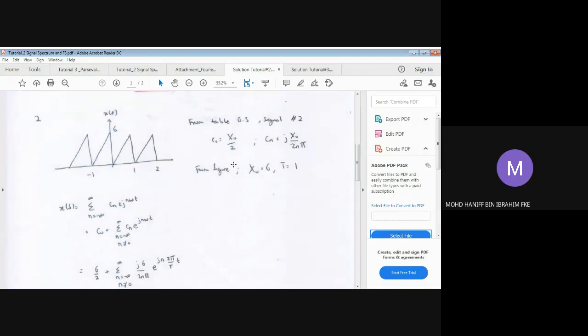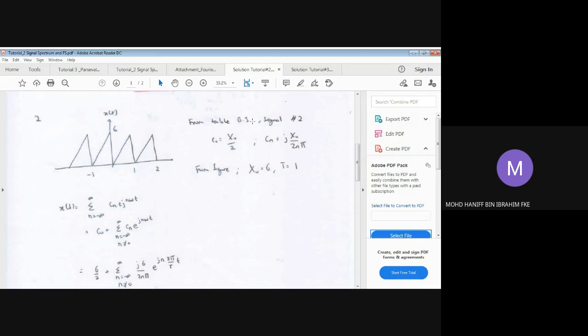Okay, so it is an exponential Fourier series. Basically, table B3 will give us the Fourier coefficients for the exponential type of Fourier series. So straight away from table B3, we need to choose which signal mimics or is similar to this x(t).